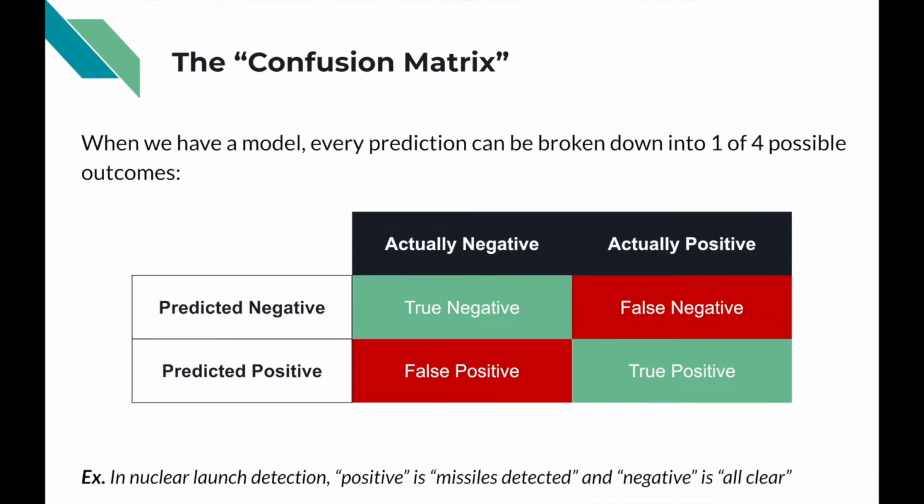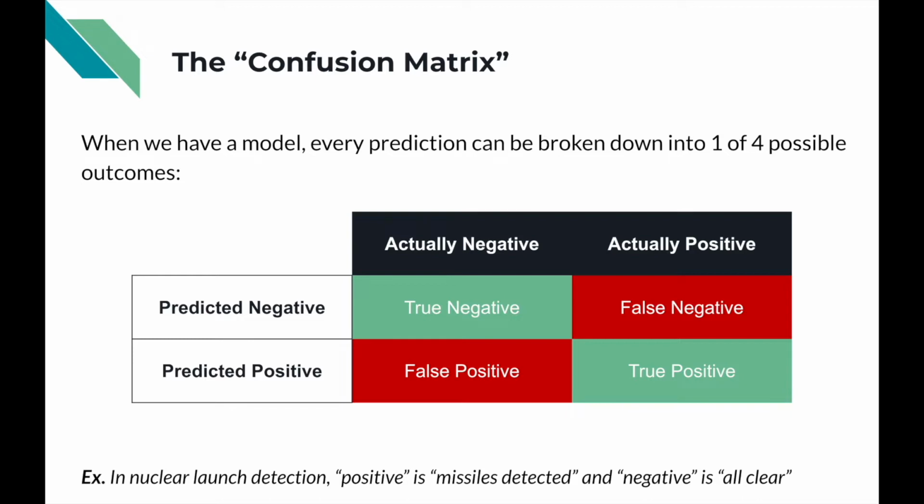When we dig to the core of how to think about correctness, there's actually only 4 possible outcomes for every prediction. We compare the prediction to what actually happens, and we can either have true negatives, false negatives, false positives, or true positives. So for a true negative, we think that some event does not occur and it actually does not occur.